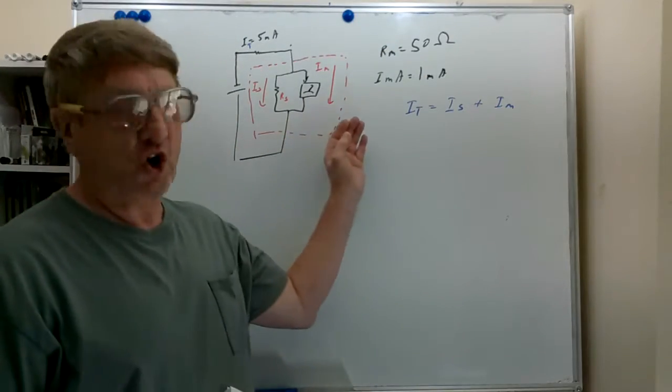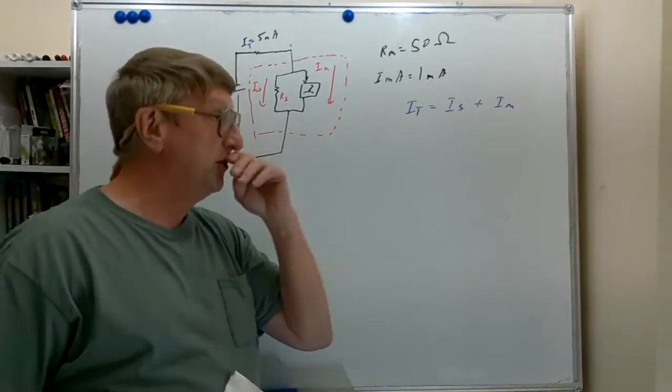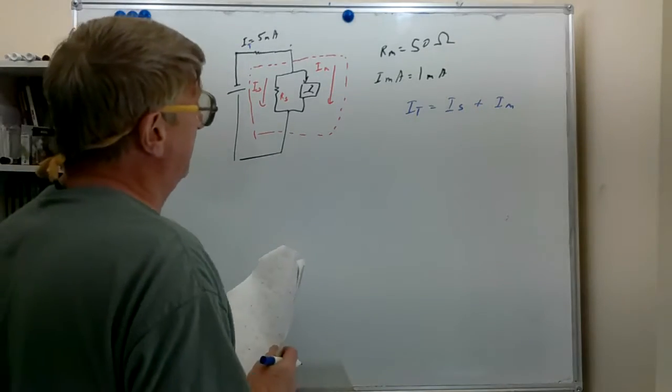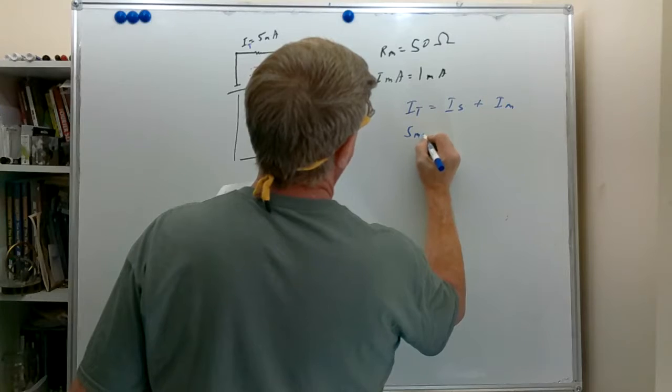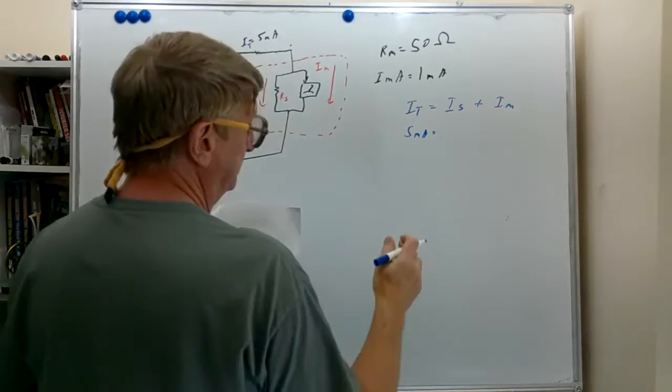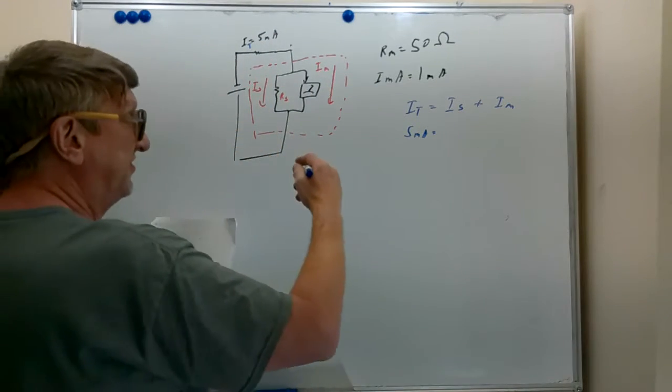Now, this is our current summation formula through parallel branches that we've looked at many times. We know IT, it's 5 milliamps. We don't know IS yet.